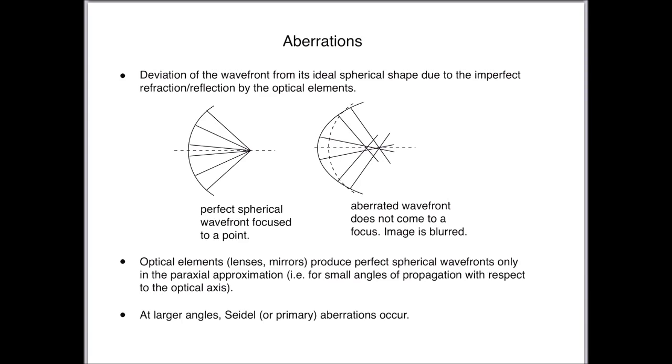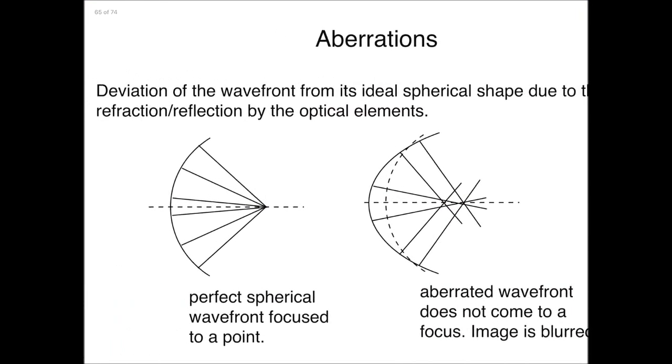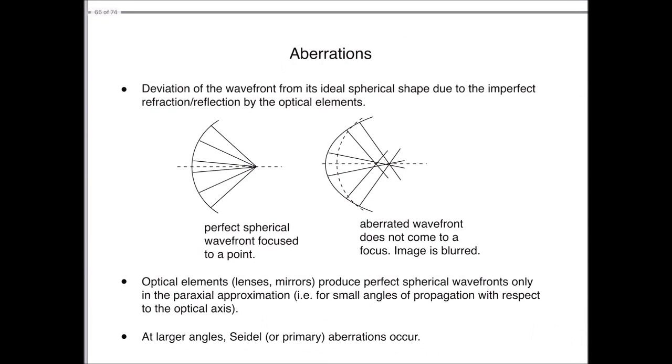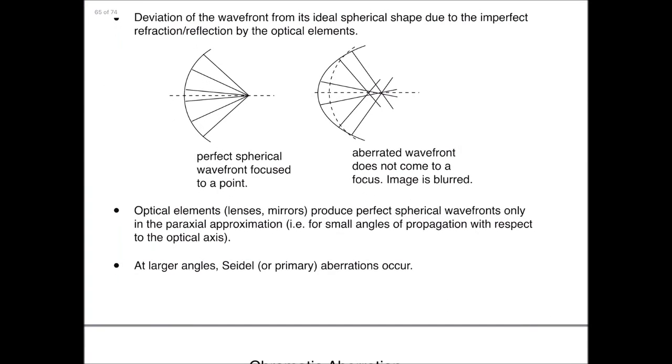So any deviation of the wavefront from its ideal spherical shape, due to imperfect reflection and refraction by the optical elements and also from the matter it has to encounter on its path, is called aberration. But mostly aberrations are defined in terms of being formed by imperfection in the optical system.